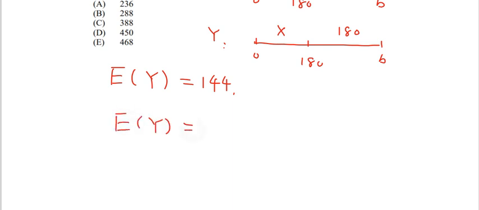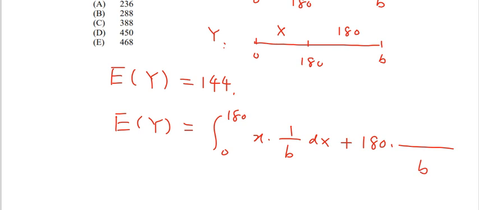Between 0 and 180, y is x times the density 1 over b, dx. Plus, for a loss larger than 180, the unreimbursed amount is 180, multiplied by the probability, which is b minus 180 over b.